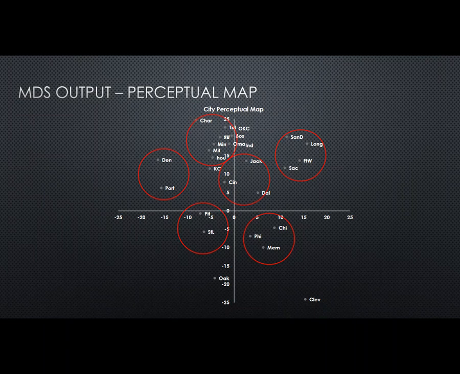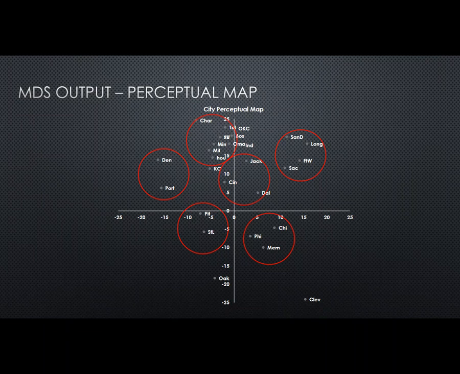So maybe this cluster over here, San Diego, Long Beach, Fort Worth, and Sacramento is one cluster, and you could compare that to Philly, Chicago, and Memphis. But again, there's no way for us to define what makes up this cluster and how this cluster differs from this cluster. So if these were brands, it might be really difficult.